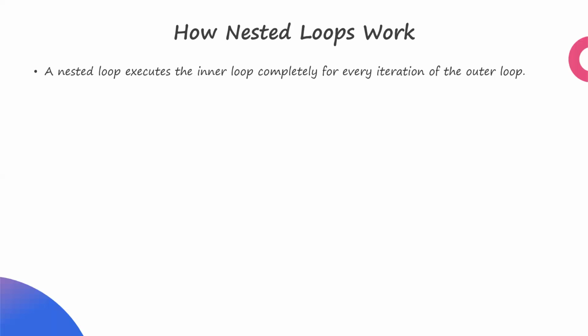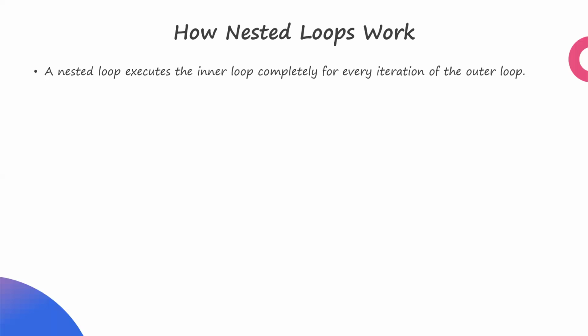After executing the block of code of the loop, it will go back to the loop and do the increment. After the increment, if it's a for loop, it will check the condition and come back again. If it's a while loop, it will check the condition and so on. That's an iteration. For a nested loop, let's say the outer loop has 5 iterations and the inner loop has 3 iterations.